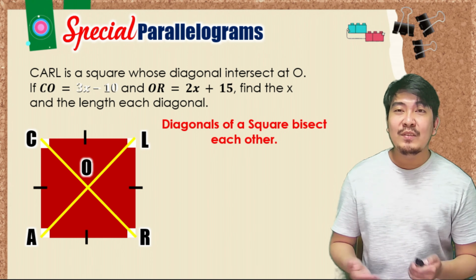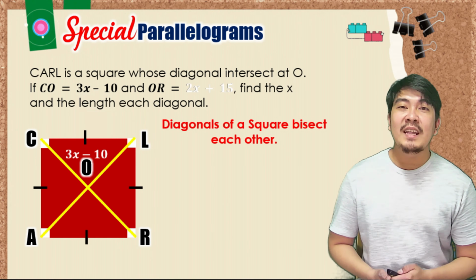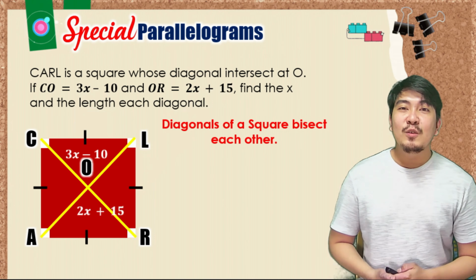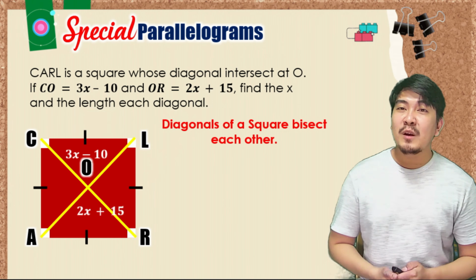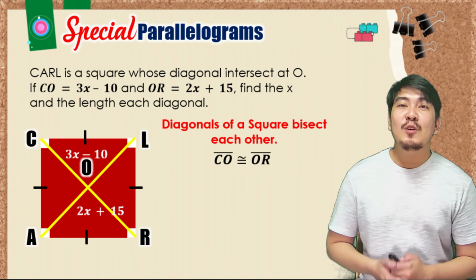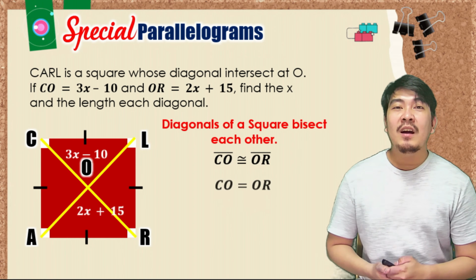So let us have the length of CO, that will be 3x minus 10, and the length of OR. There. Since diagonals of a square bisect each other, we can say that segment CO is congruent to segment OR. Since they are congruent, their measures are equal.